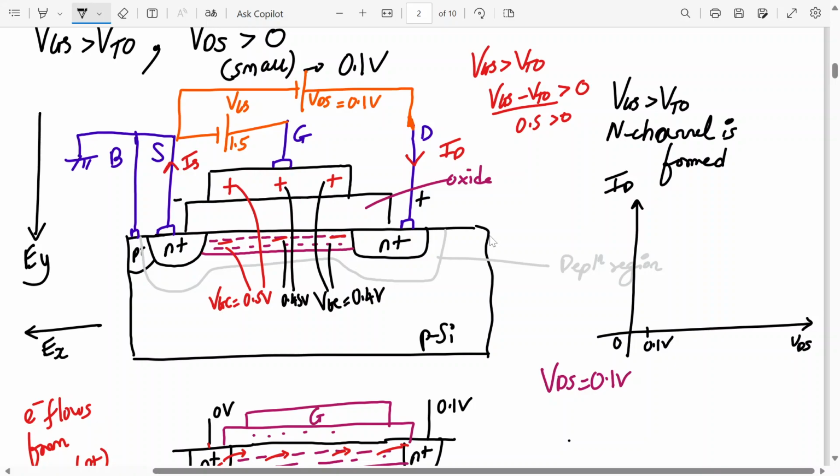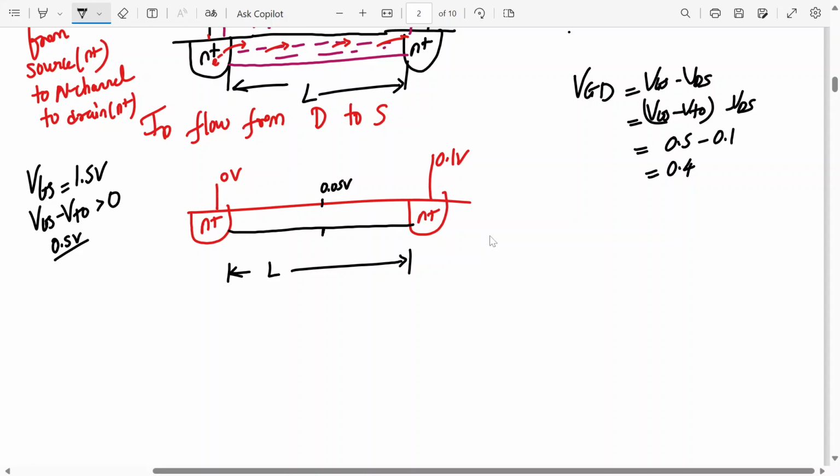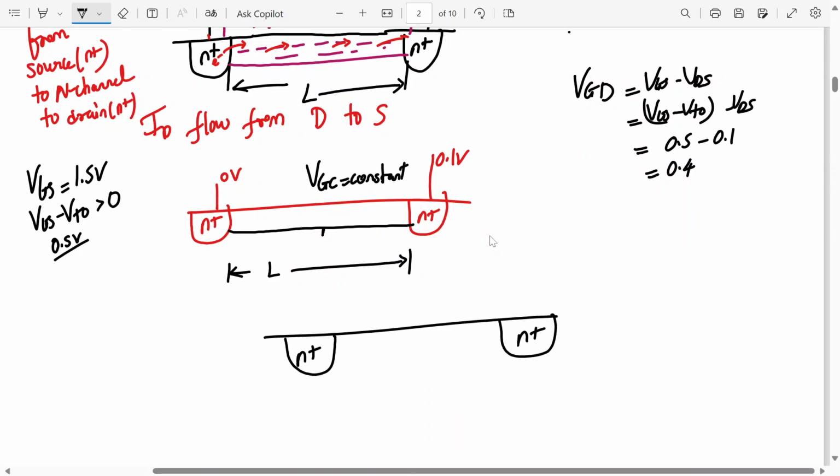It's not uniform. If my VGC were uniform, my channel would look like this. But VGC is not constant, so what will happen is my channel will be slightly tapered. So this is my source region, this is my drain region. My channel will be slightly tapered over here like this.